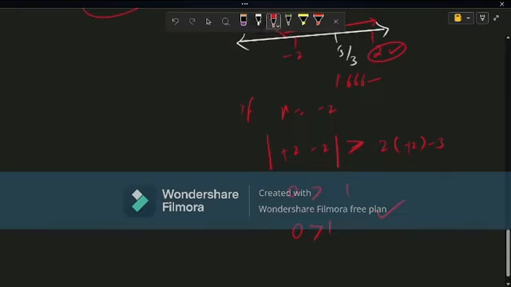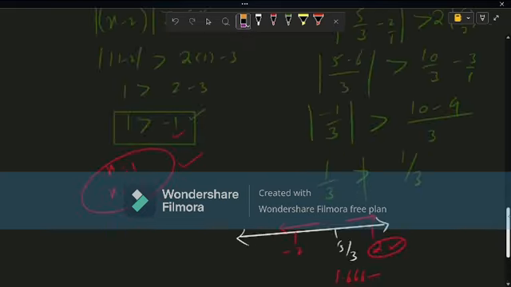Does this hold? 100% no. That doesn't hold. It means that x equals 2 is also not choosable. Cross it. In fact, erase it. Not possible.